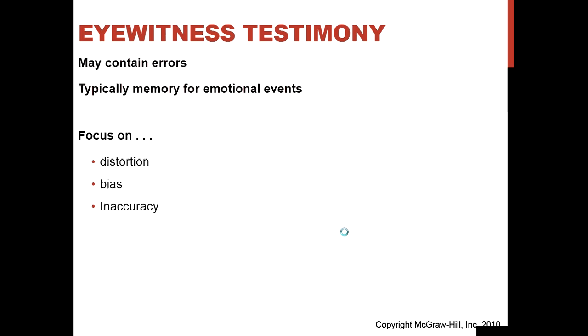There's a distortion. Maybe there's a bias. Maybe that person was robbed earlier by a person of a certain ethnic group. And then they see this event happening in front of them. And so they attribute that previous experience to this experience. So they have a bias towards who the actual perpetrator is.